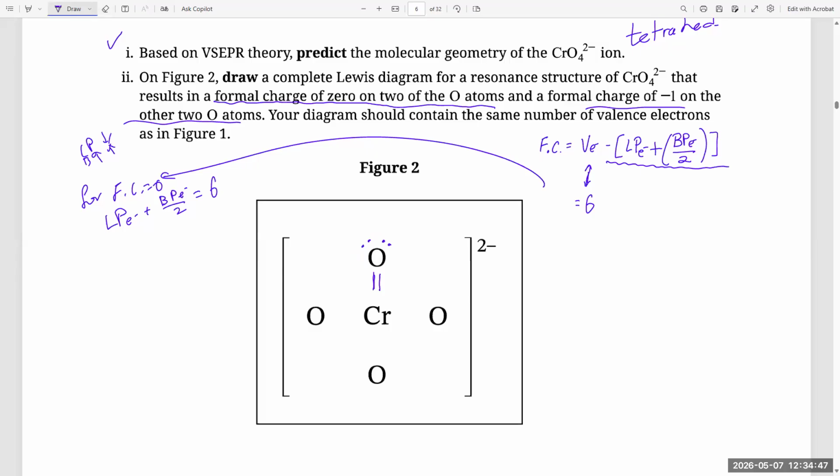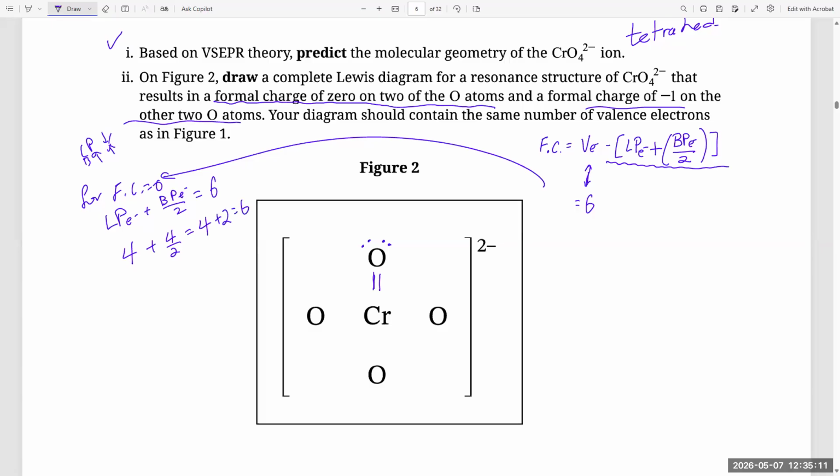All right, so let's do the formal charge calculation here. To do the formal charge calculation, we got lone pairs. Over here, now the lone pair is 4, and then plus bonding pair. You got a double bond, which means there's a total of 4 electrons in the bonding pair, divided by 2. That gives us 4 plus 2, which gives us 6.